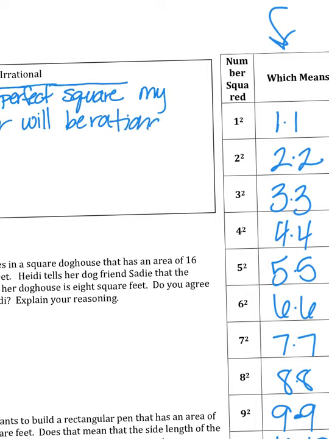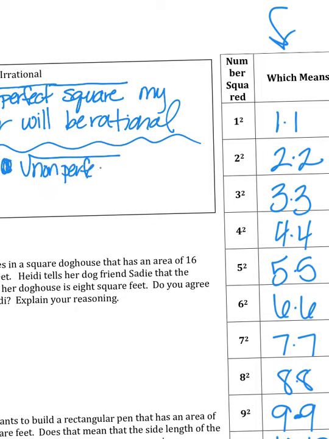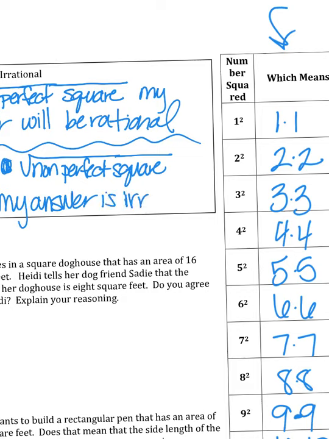And then the opposite would be true of an irrational number. So if I square root a non-perfect square, then my answer is irrational.